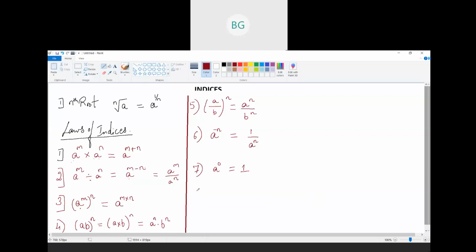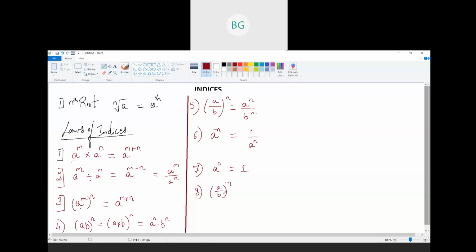Now, as we saw in the sixth law, a to the power minus n, what if we have a fraction? Say I have (a upon b) to the power minus n.